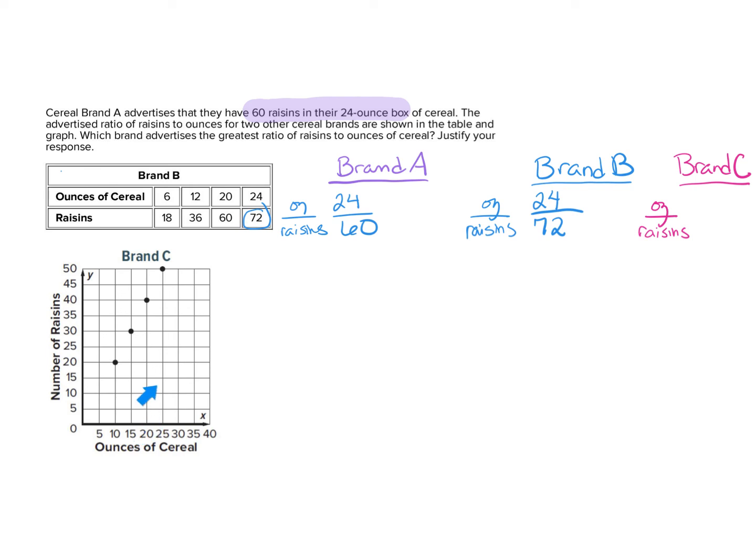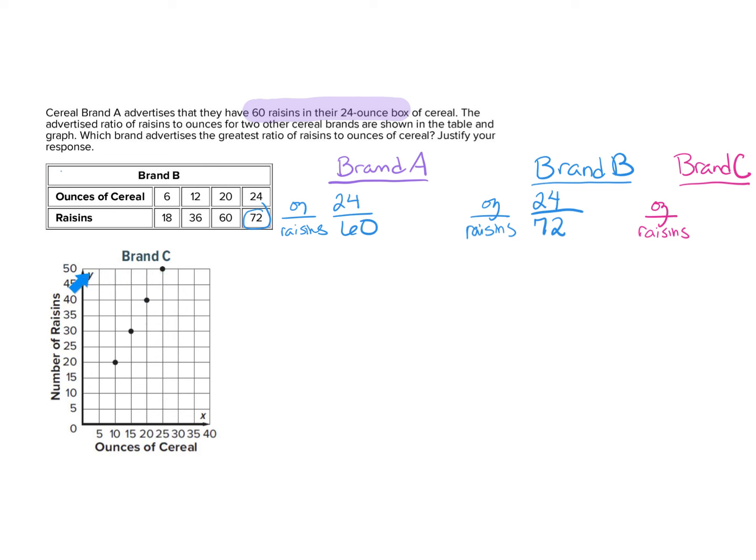And then when we went up, we see that it's 50 raisins when there's 25 ounces, so it would be less than 50. And we can't really be sure how much less than 50 unless I made an equivalent ratio of ounces to raisins here. And 25 to 50, I could simplify that and then work my way up to 24.